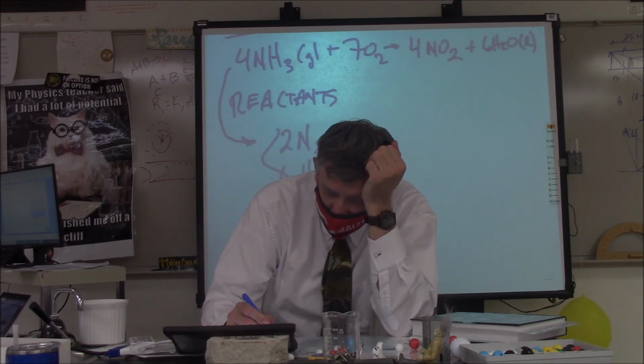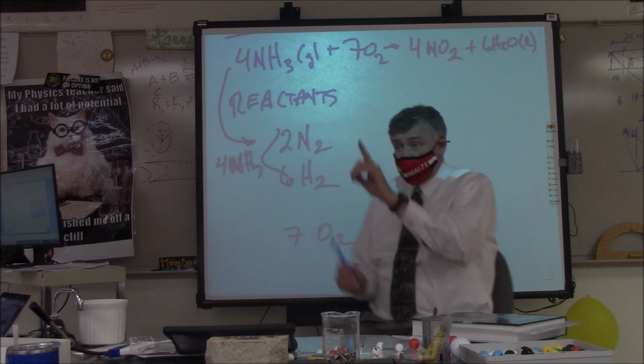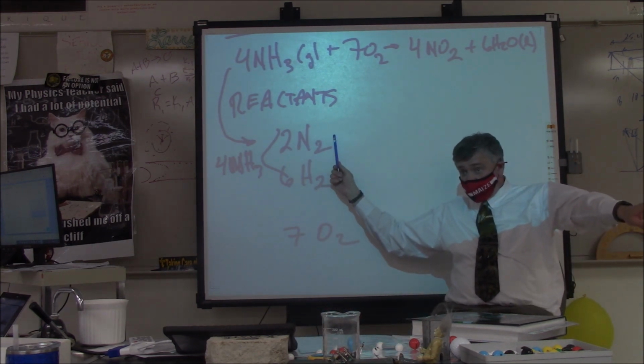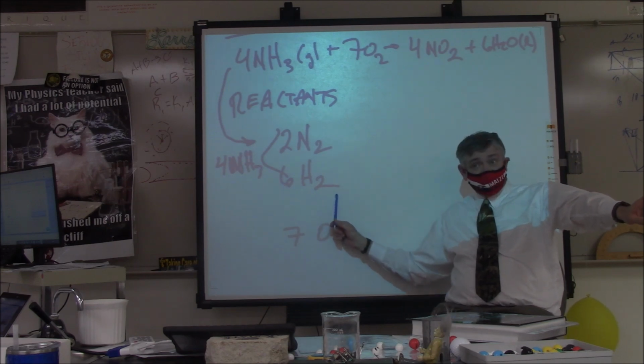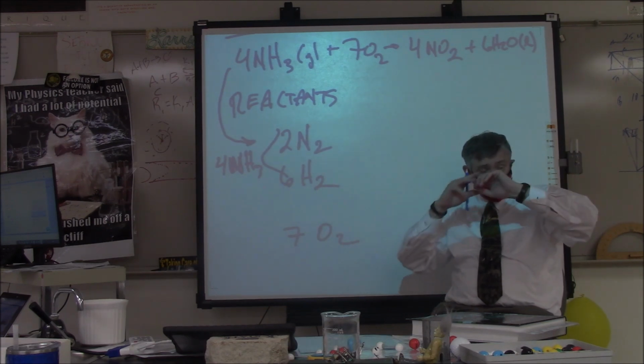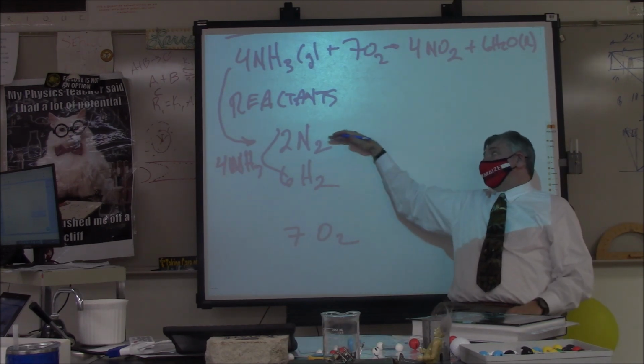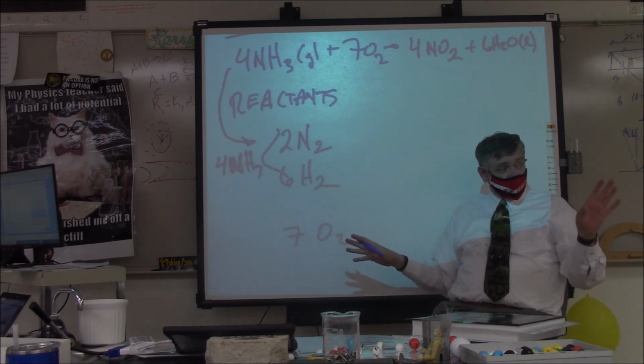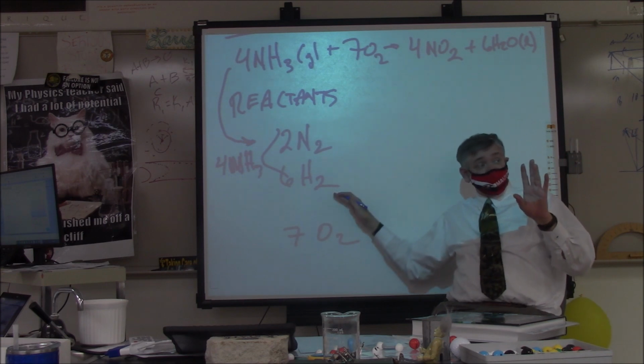So those 4 NH3 molecules have the capacity to transform into 2 nitrogen molecules and 6 hydrogen molecules, okay? So imagine that they're separated out and they're going to exist like this very temporarily, okay? They're not going to exist like this very long because they're not stable.